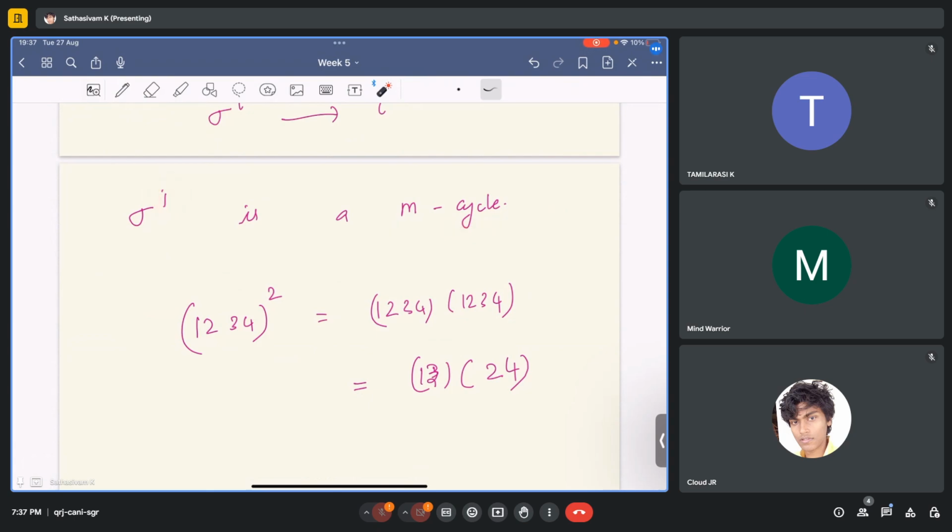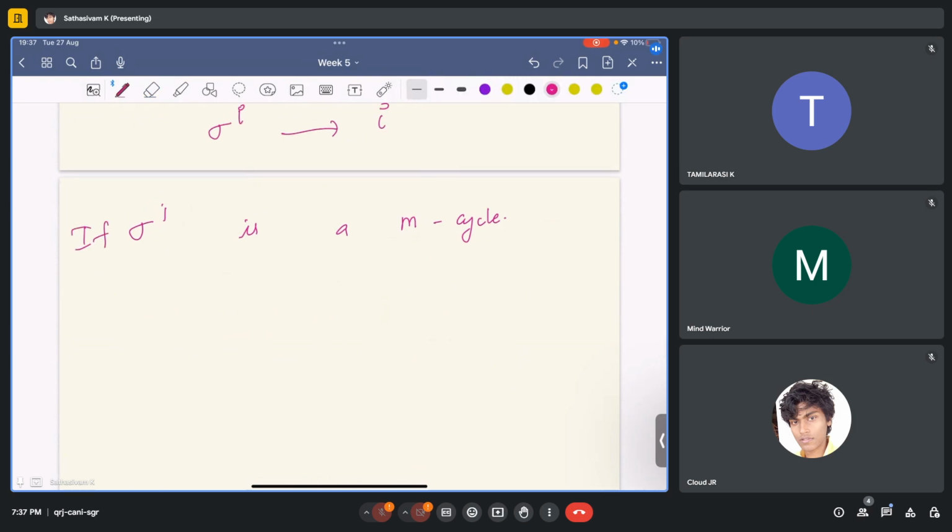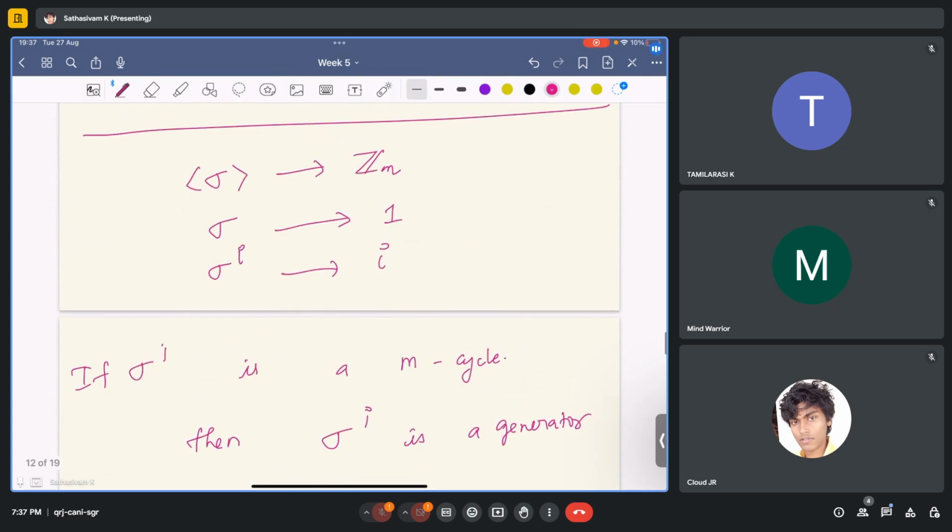So if sigma power i is an m-cycle, I'll just erase this. If sigma power i is an m-cycle, then what we know is that sigma power i is a generator. Now we have an isomorphism here, right?